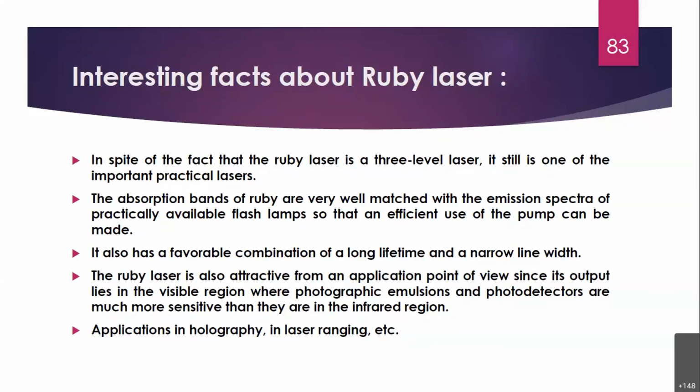Is it clear now? Yeah. Sir, regarding what you said, that we can vary the wavelength of the laser emitted: if we increase the difference between the metastable state and the ground state, do we get laser light of higher energy, which is more useful or something like that? Yeah, it is possible. But at the same time it depends on many factors also.